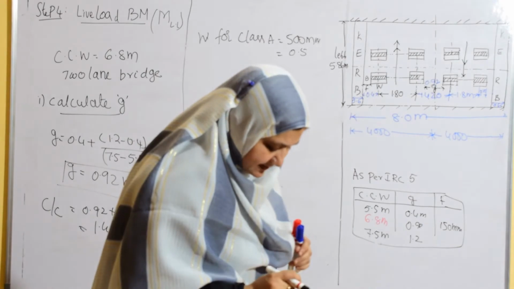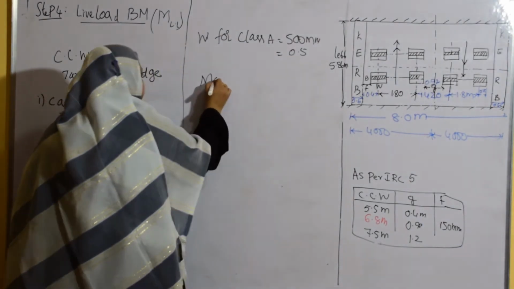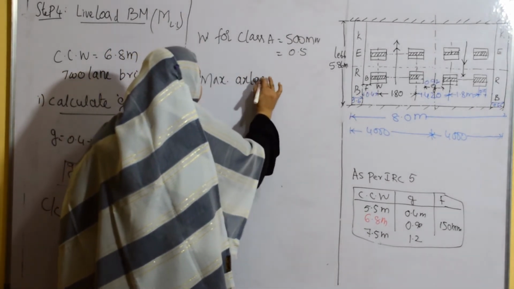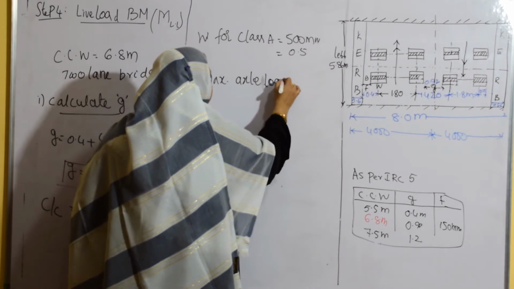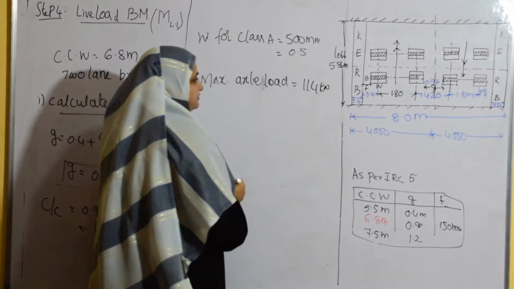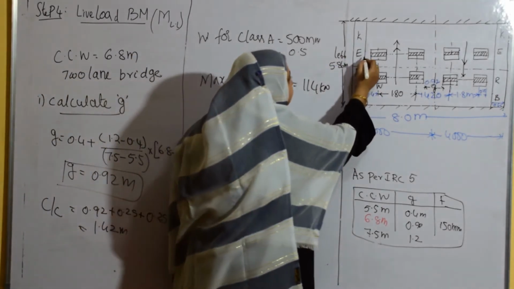So you know what is the maximum axial load? If you remember for class A, it was 114 kilonewton. So there are two axles separated by a distance.